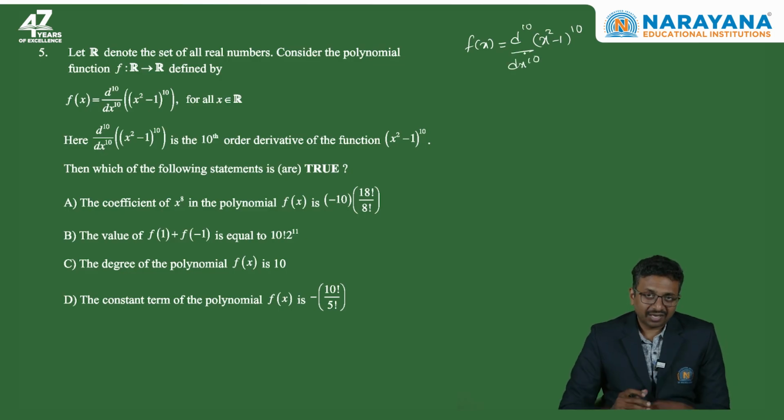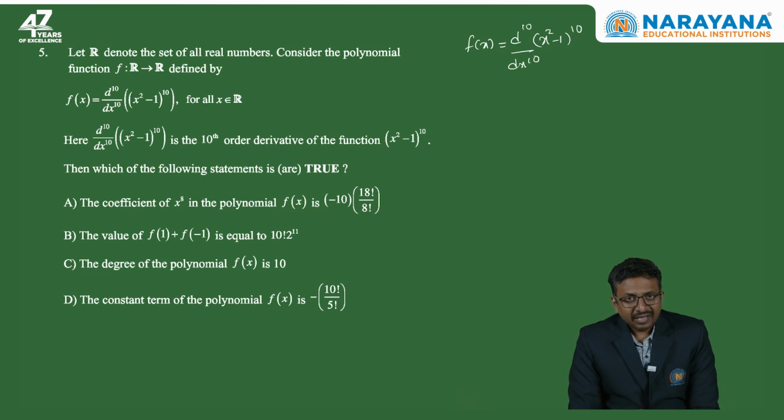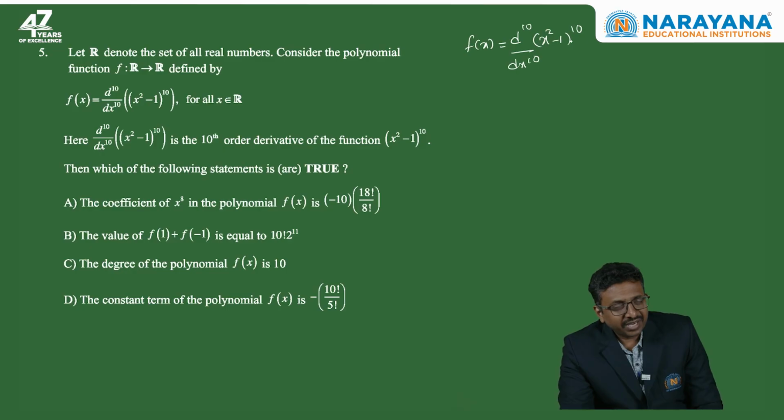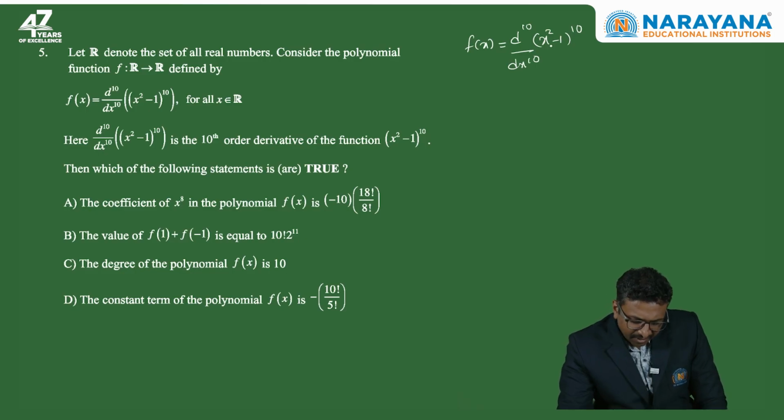Okay, it's not very straightforward, but try to understand this. x square minus 1 whole power 10, it's not very easy to do derivative 10 times. Now which of the following options are correct?